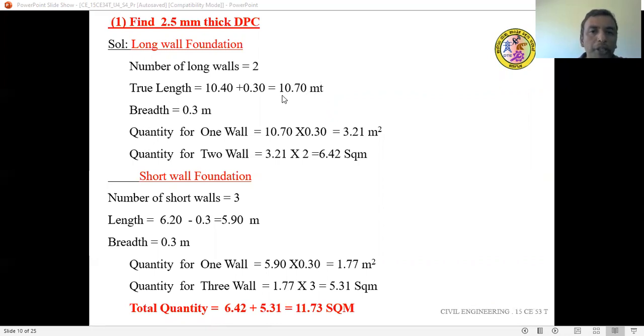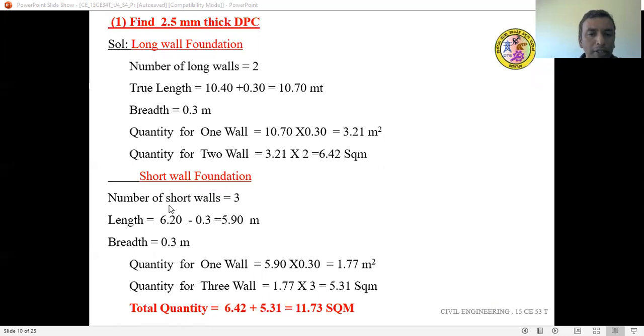By knowing the length and the width of the DPC, you can easily calculate the quantity for one wall. It is equal to 10.70 into 0.3 is equal to 3.21 square meter. The quantity of two walls, multiplying these values, you get 6.42 square meter.